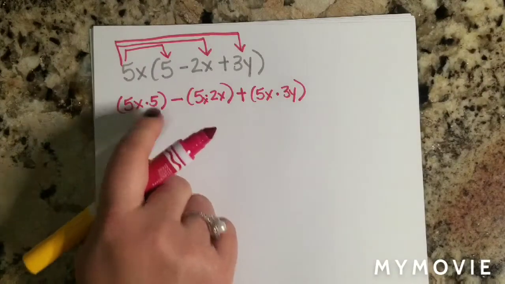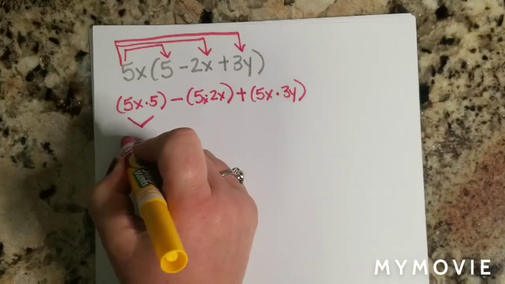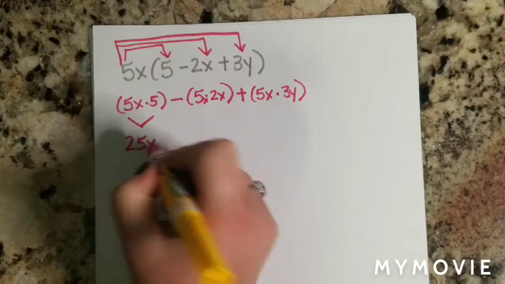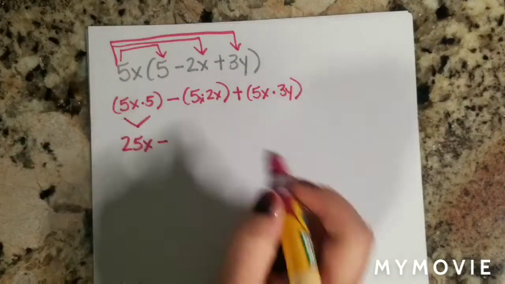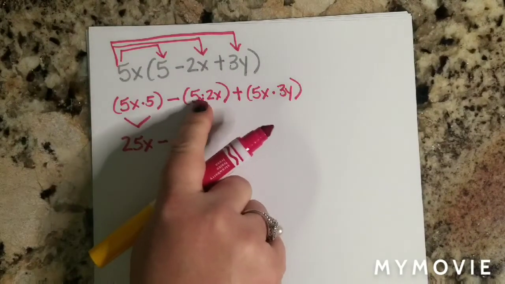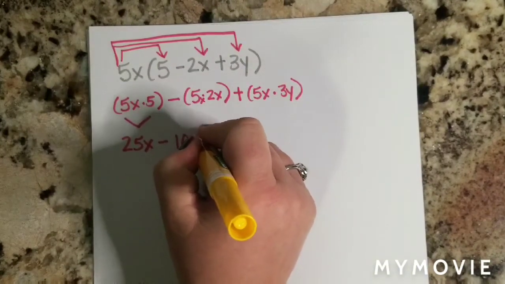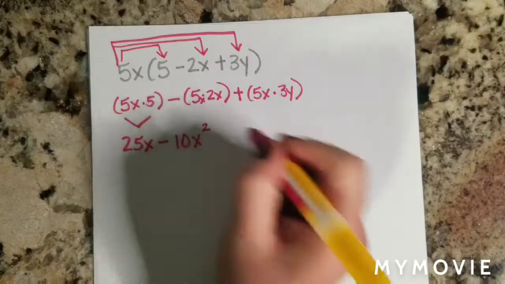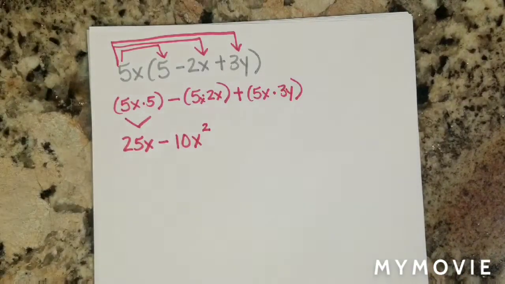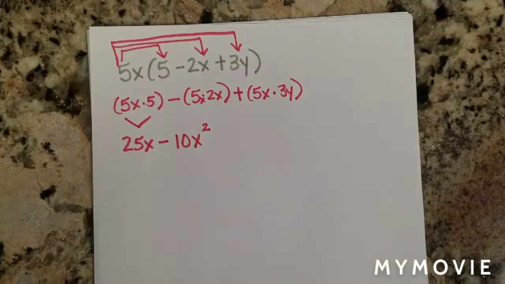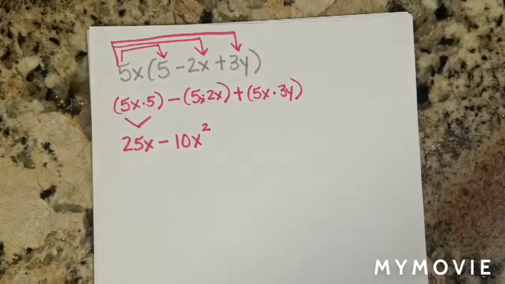Well, 5x times 5 would become 25x. Bring down your minus sign. 5x times 2x would become 10x squared. Why did that become x squared?